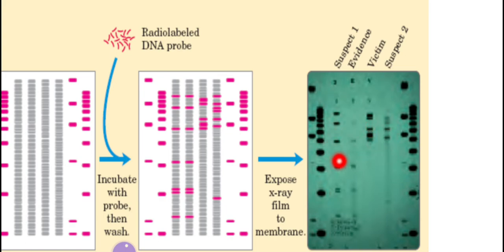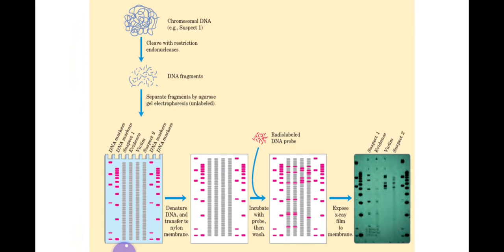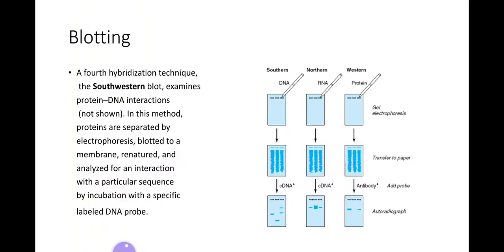So suspect 1 is the original criminal, because after treatment with the restriction enzymes, his DNA pattern is similar to the evidence. So this technique can also be employed in forensic analysis. This is the application of Southern blotting.